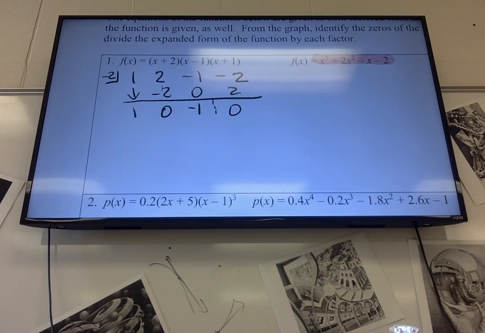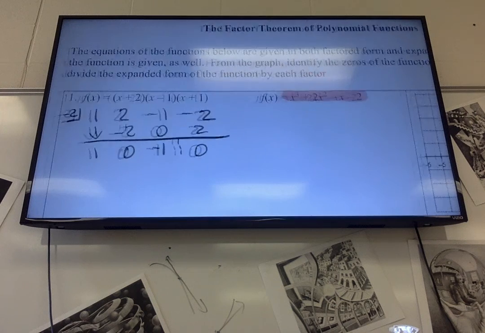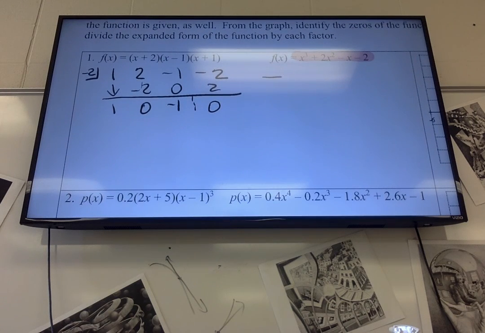We're going to do the same thing with the other ones, which is negative 1 and 1. 1, 2, negative 1, negative 2. So bring down the 1. That's negative 1, negative 1, and positive 2.